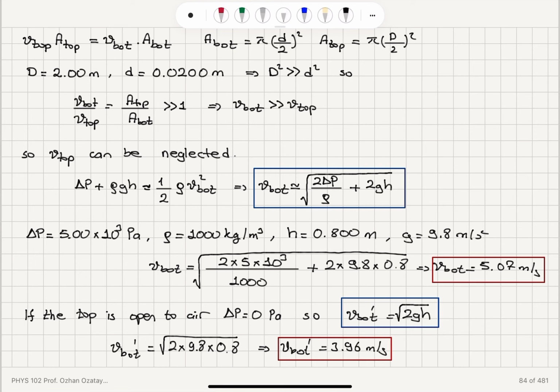So when the top is maintained at a higher pressure, the speed with which the water drains through the circular hole is greater.